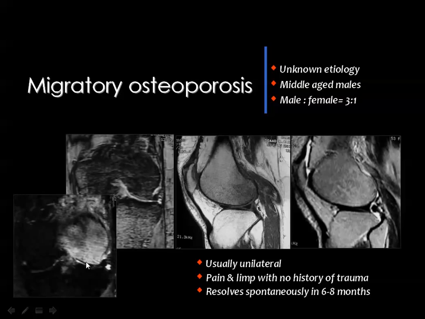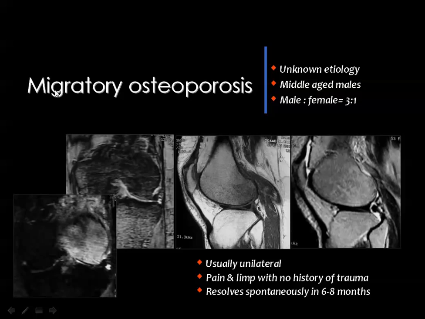In the absence of a known history of trauma, then you can diagnose this as migratory osteoporosis, which means that there is extensive bone marrow edema without a history of trauma. And this is commonly seen in the hip, as I will discuss in the lecture of the imaging of the hip joint, but it can be seen in the knee and in the ankle as well.